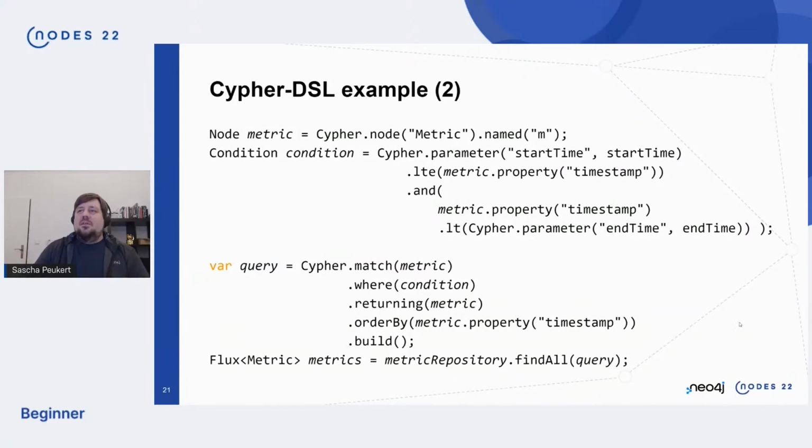You still have the query here where you have the match on a metric, on this metric variable, which is basically just a node with a label metric named M. And I can reference that, for example, in the order by clause by saying, I want to order by this metric timestamp. And then I can have some where clause, which is basically the same thing as the other one. And that's that. I run the same thing on the repository or the reactive Neo4j template, and I'm good to go.